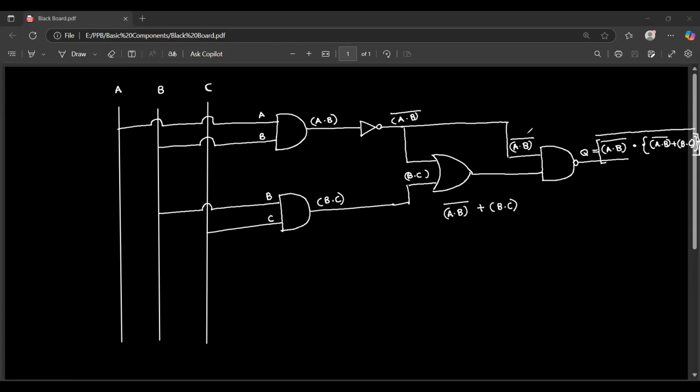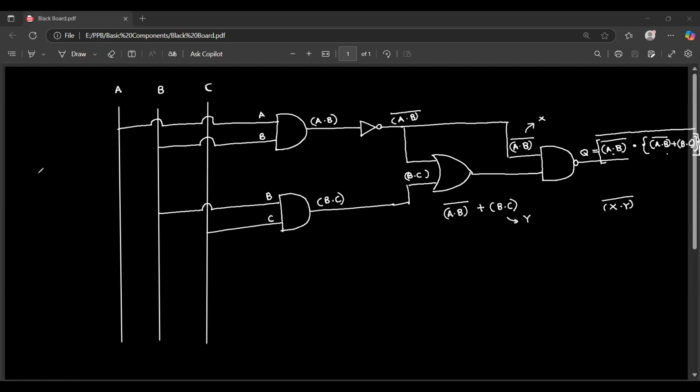Let's say this is x and this is y, then the output will be x dot y whole thing bar. That's what NAND gates do. So this is x, this is y, and this is the whole thing bar. And this is how you have to do this specific question.